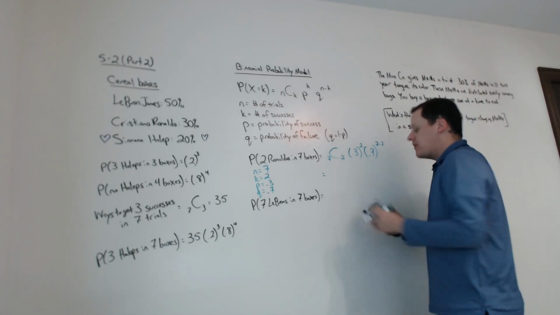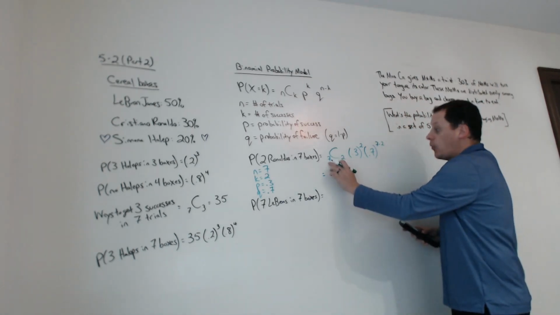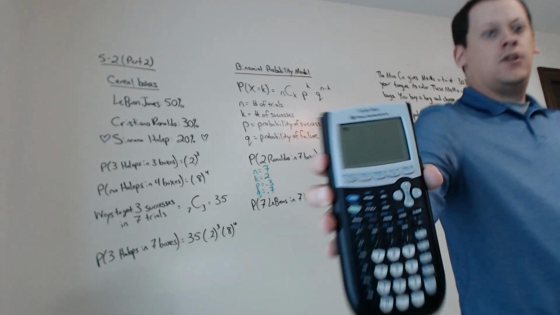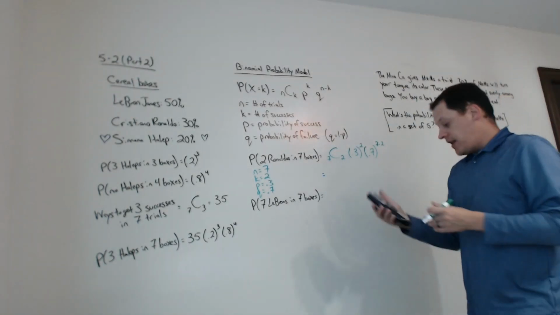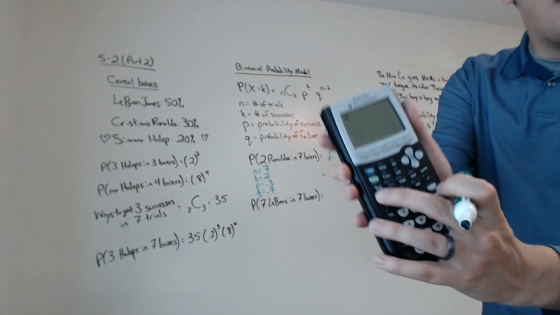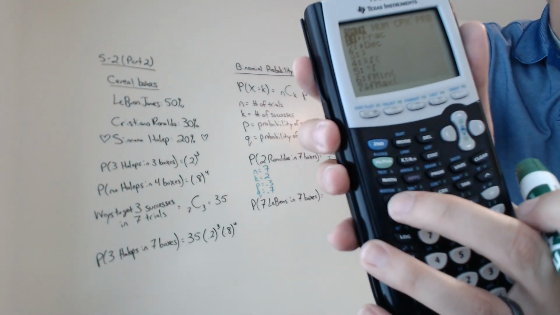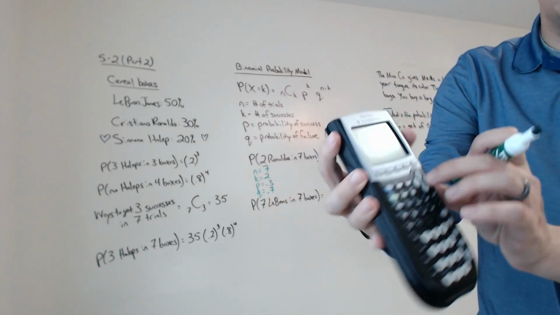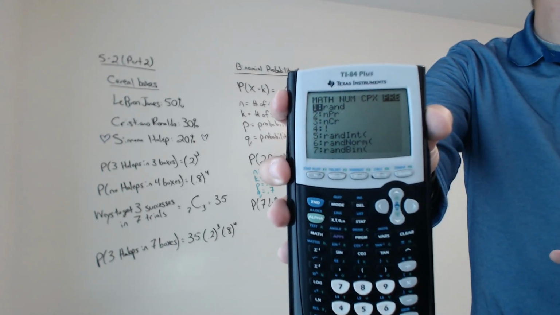So if we want to know this, first of all, we type 7. So I've got 7 here on my calculator. To get C for combinations, that's under Math. And then you see this. You want to go over to PRB using your right arrow, and you want number 3.